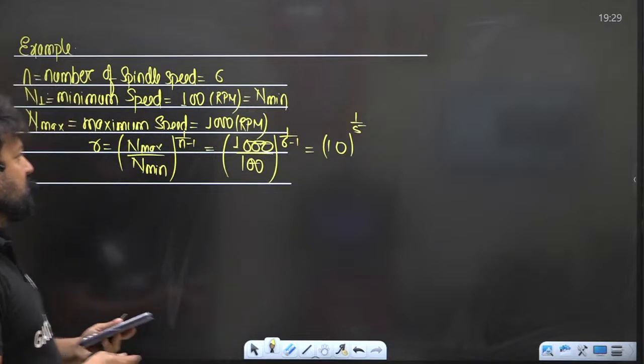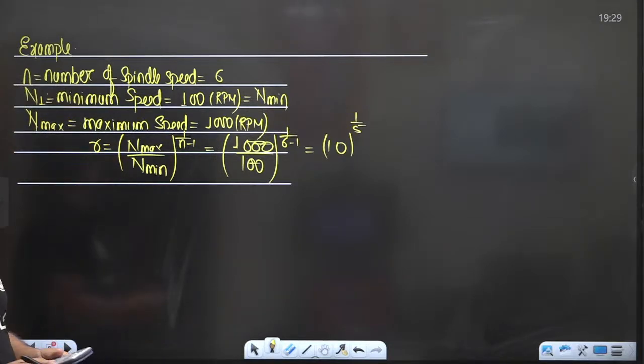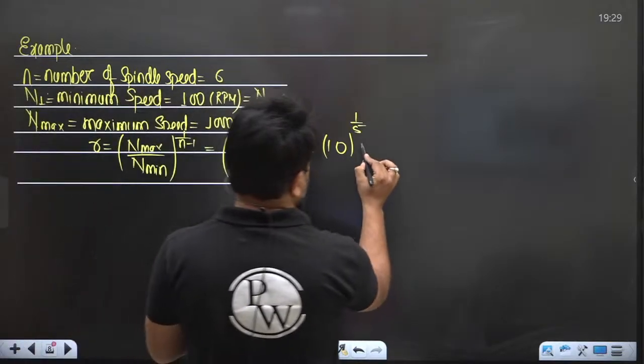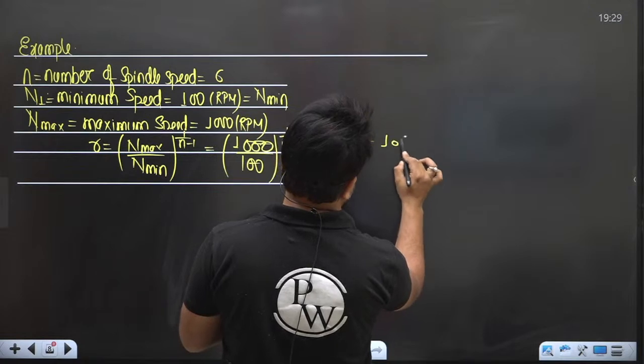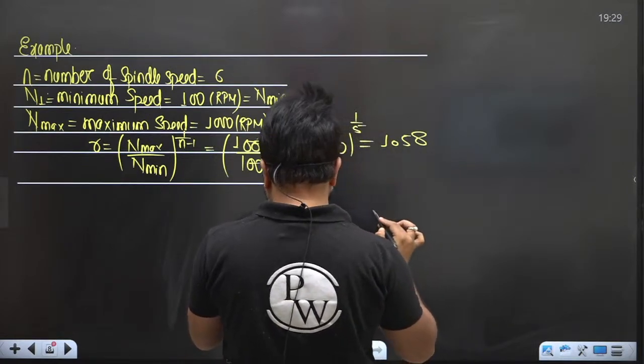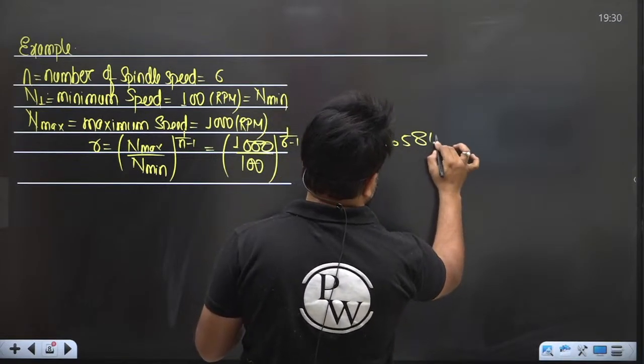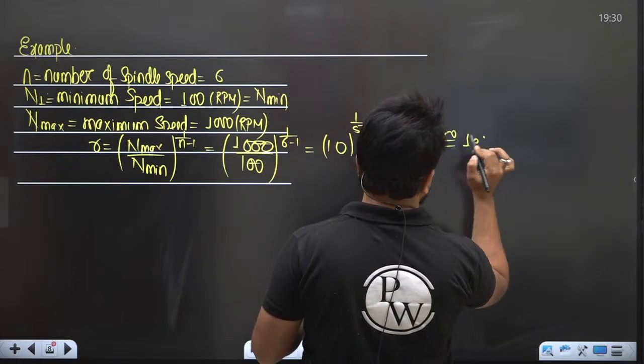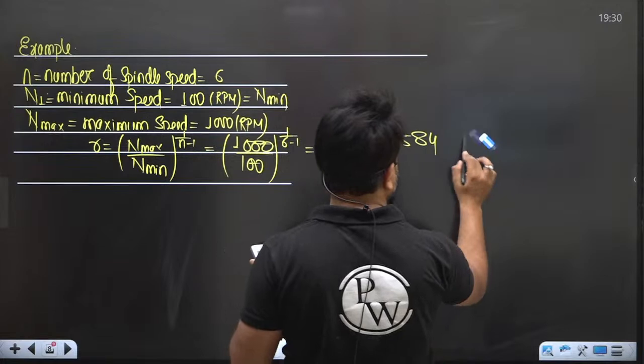What will 10 to the power 1 divided by 5 be? It will be 1.58. You can take it up to two digits, that will be okay, but if you want, you can take 1.58.